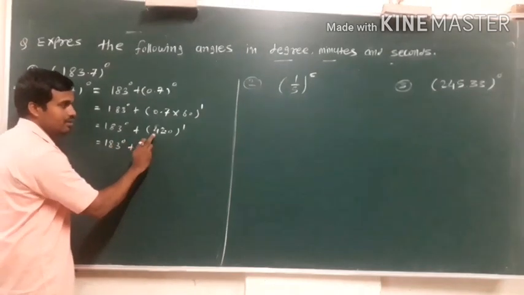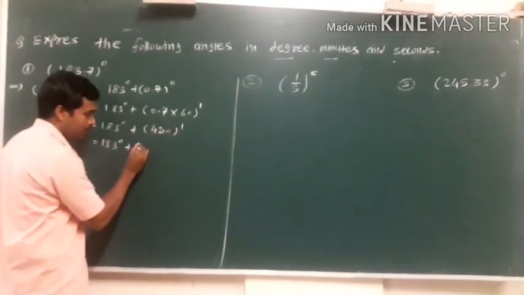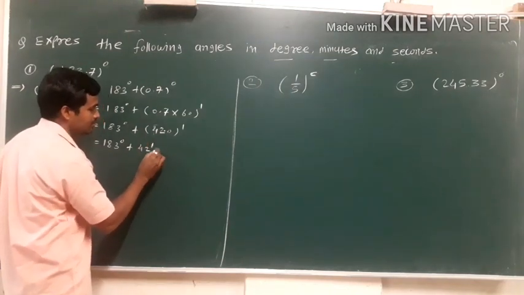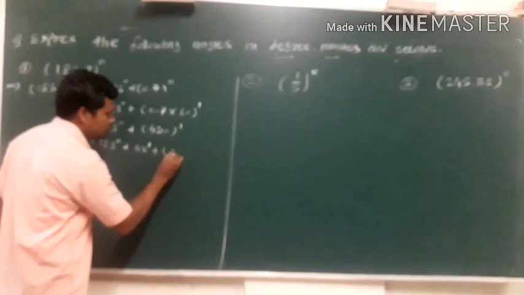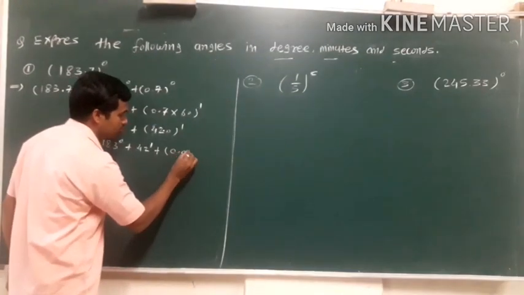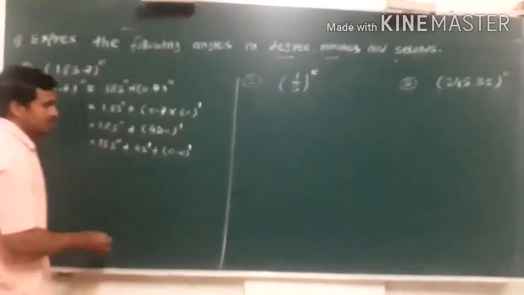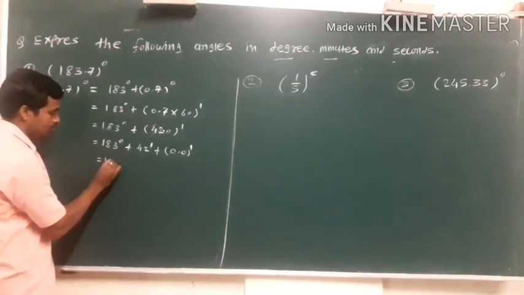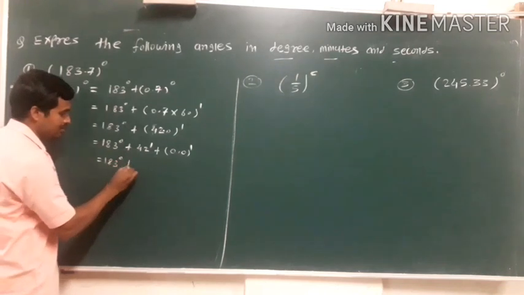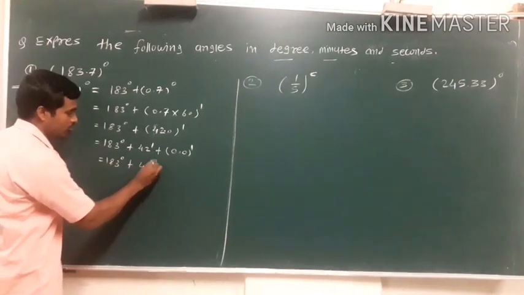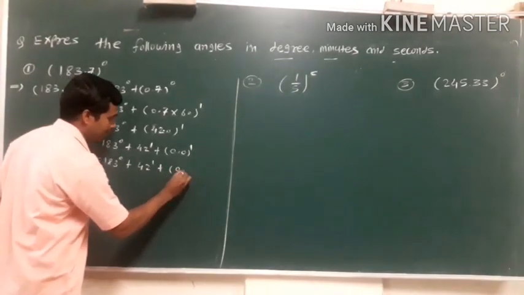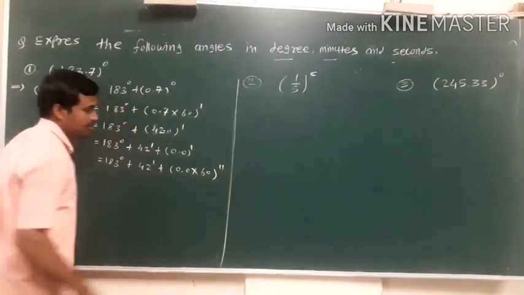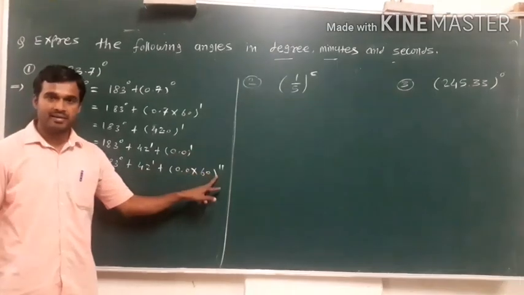Next step, 183 degree, this converts to minutes, 42 minutes, plus 0.0 minutes. And the next step, 183 degree 42 minutes plus 0.0 multiplied by 60 converts minutes to seconds.